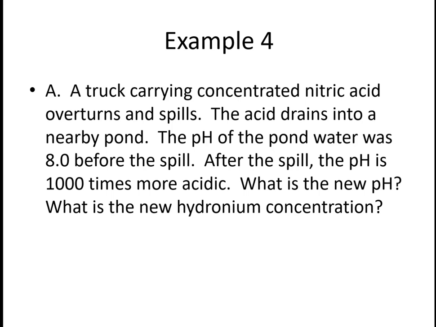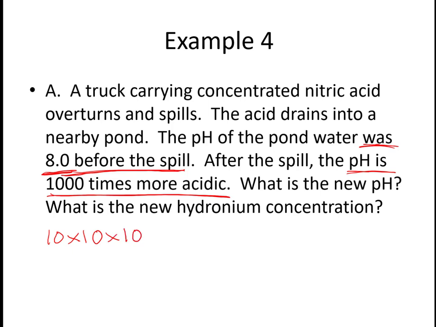So there's a few things here we're going to break down. So we start with a pH of 8 before the spill. That would be in the basic range. After the spill, the pH is 1,000 times more acidic. So that means we're moving how many steps on the pH scale? So for 1,000 times, that would be 10 times 10 times 10.